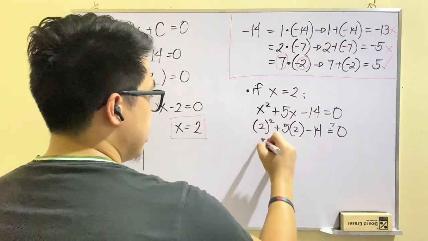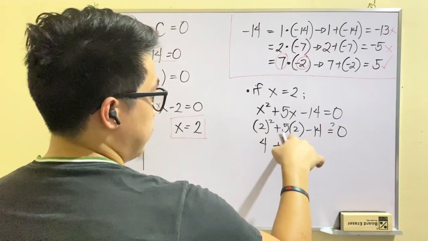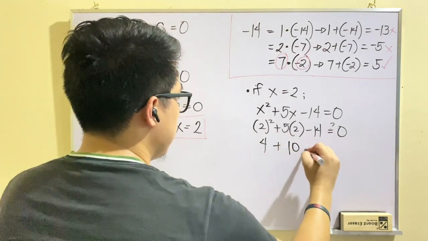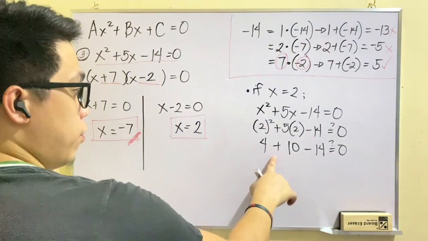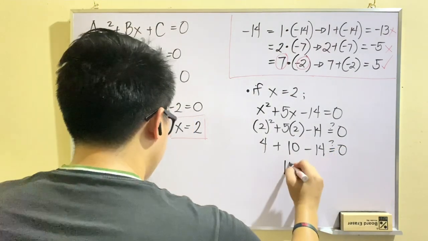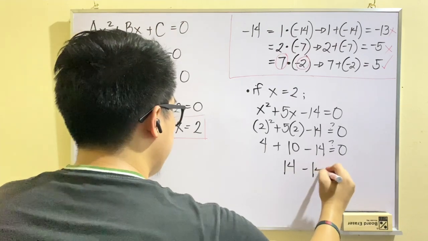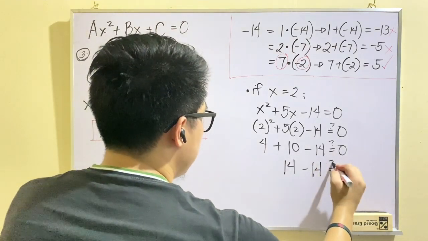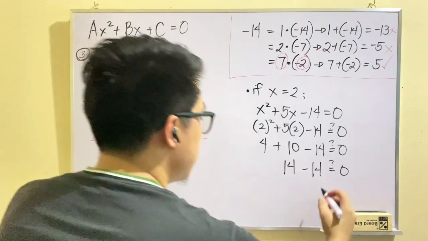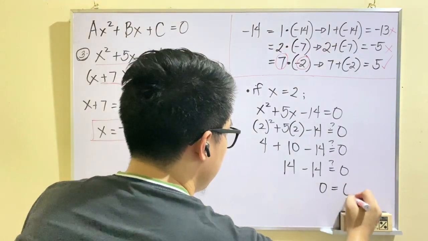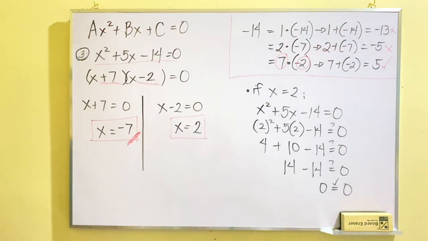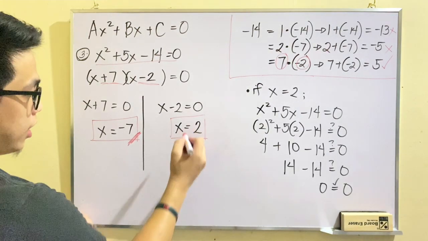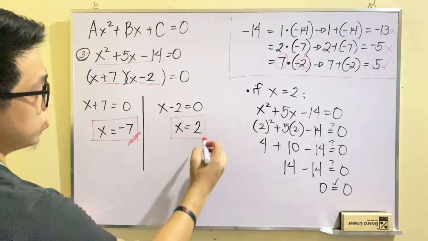So, 2 squared is 4 plus 5 times 2 is 10 minus 14, is it equal to 0? 4 plus 10 is 14 minus 14, is it equal to 0? 14 minus 14 is 0. So 0 is equal to 0. Therefore, we confirmed that x is equal to 2.